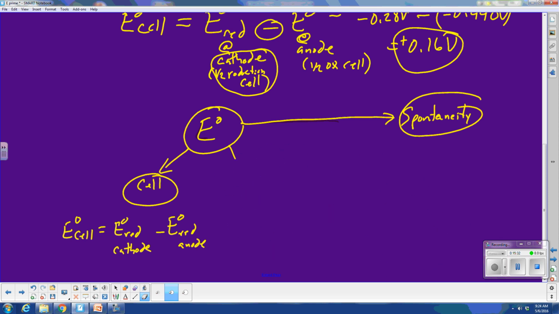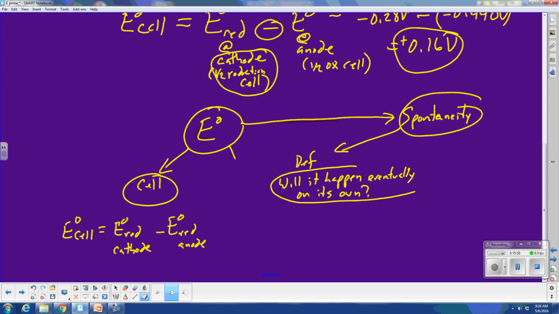Spontaneity. So let's go with the definition. What is spontaneity? It means essentially, will it happen? Not how fast, but will it happen eventually on its own? This is the critical question related to spontaneity. Let's go back and clean this up.